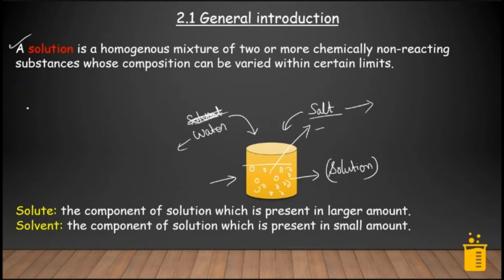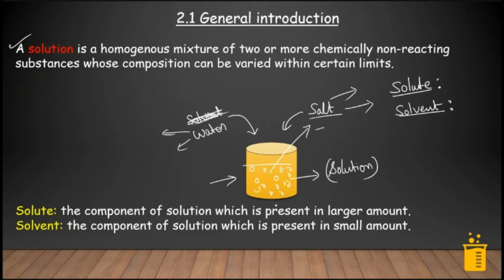So apart from that, I have taken a salt. So what do we call this component? And I've taken water. So what is this component? So salt and water are the solute and solvent. So how do you define a solute, or how do you define a solvent? Okay. Here is how you define a solute.